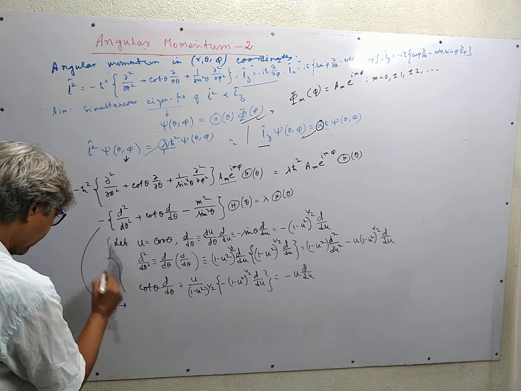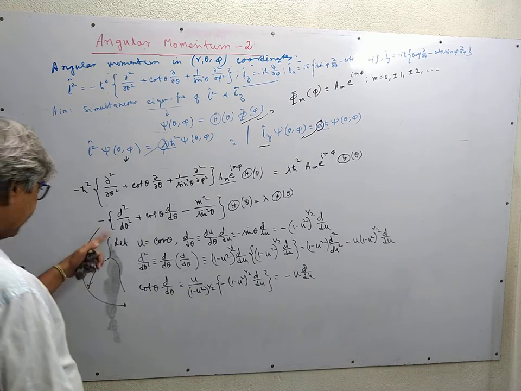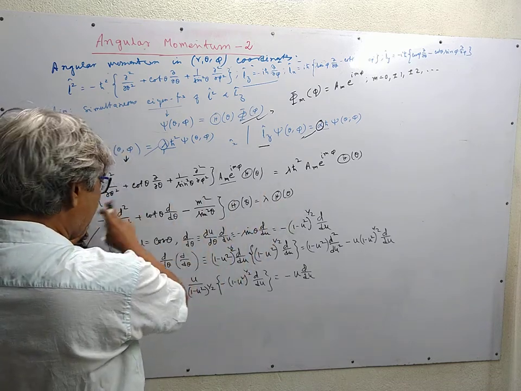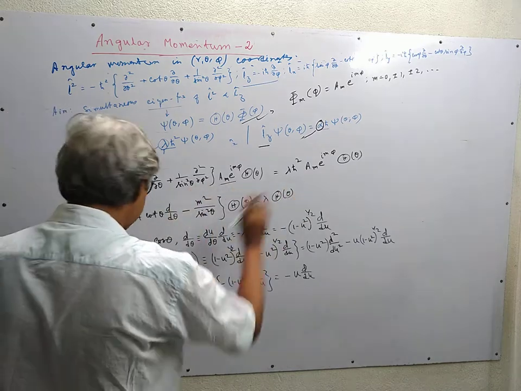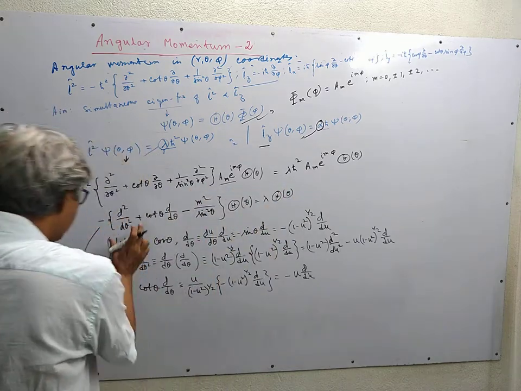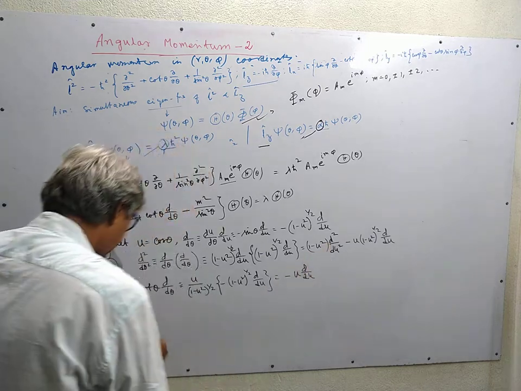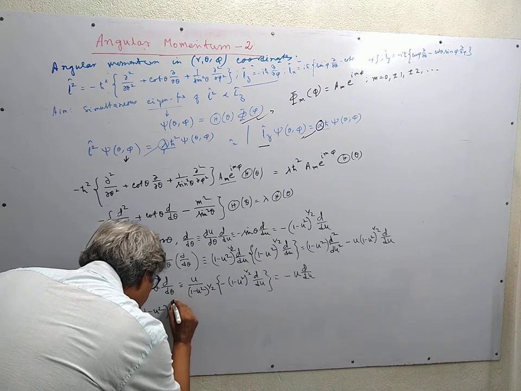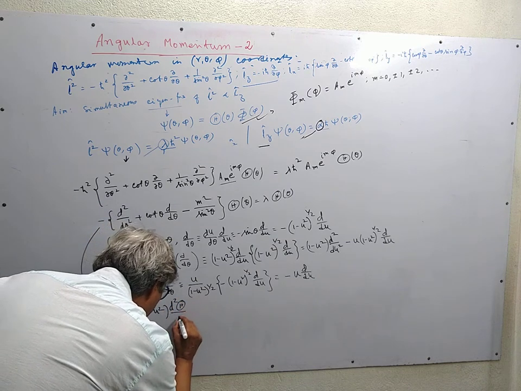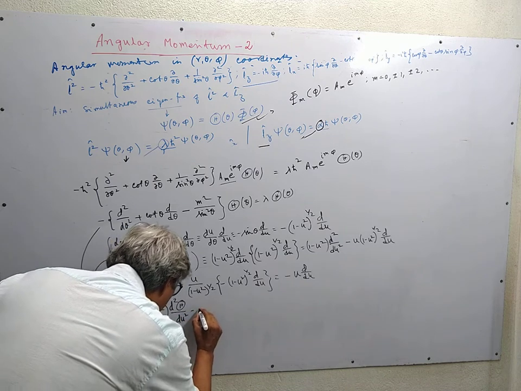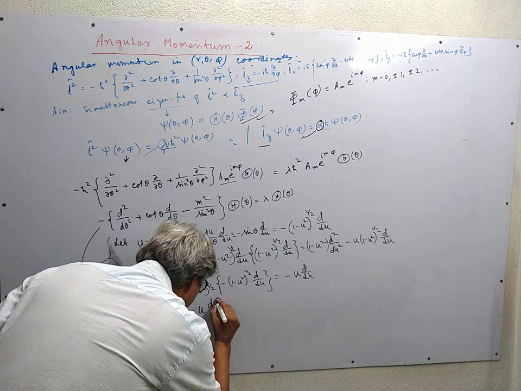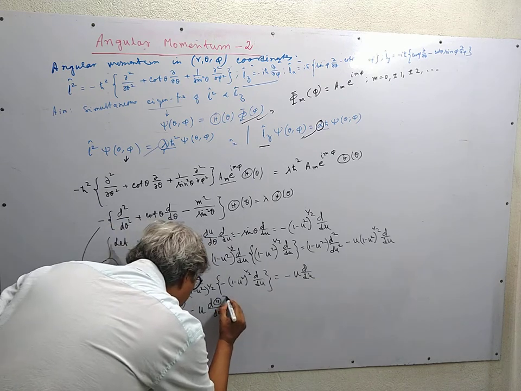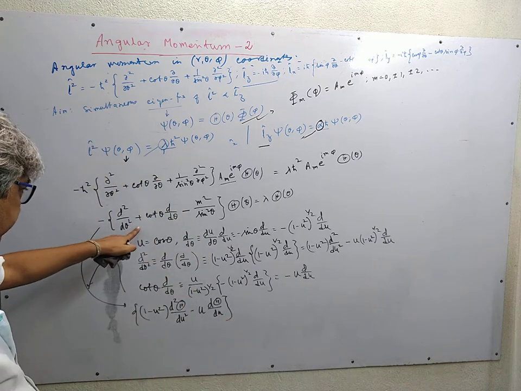Now, if we write this equation together with all these substitutions, what do I get? Minus. But if we take both of them on the same side, then the sign is positive. So for this part I write 1 minus u square, minus this part coming from the first term, that is the double derivative term.